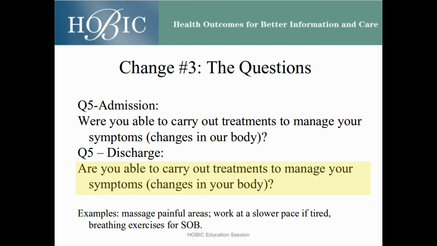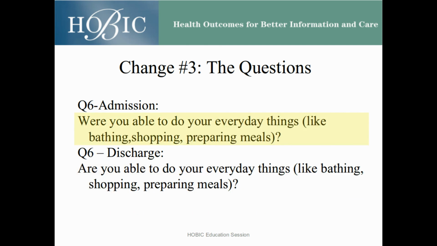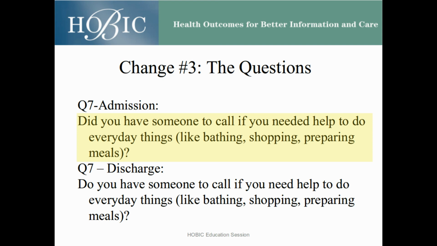Question 6 on admission asks, "Were you able to do your everyday things like bathing, shopping, and preparing meals?" Question 6 on discharge asks, "Are you able to do your everyday things like bathing, shopping, and preparing meals?" Question 7 on admission asks, "Do you have someone to call if you need help to do everyday things like bathing, shopping, or preparing meals?"